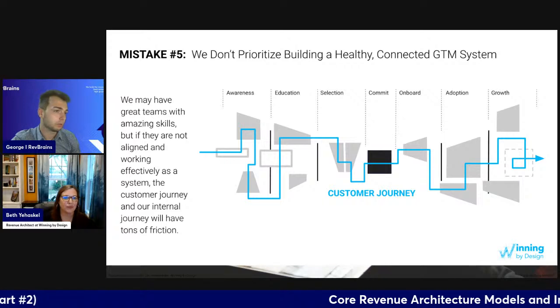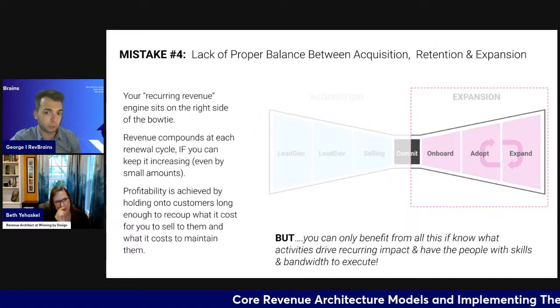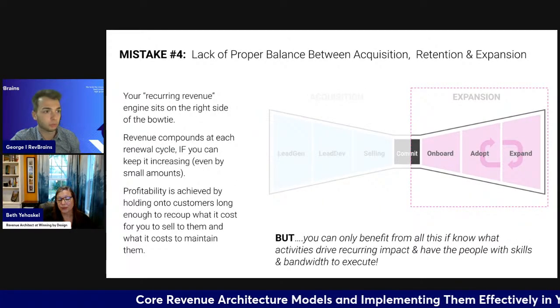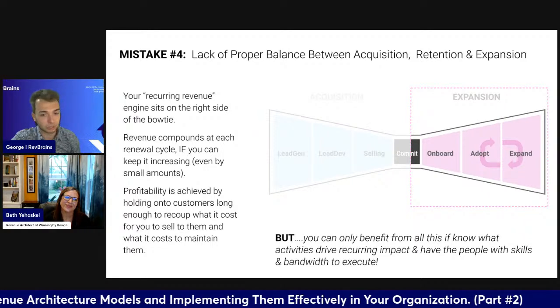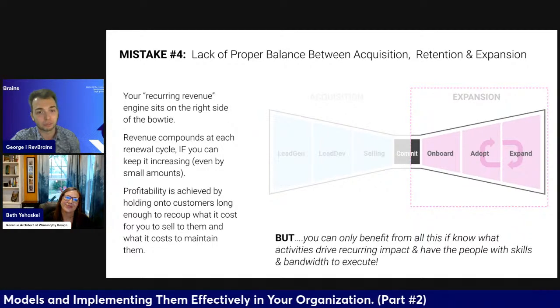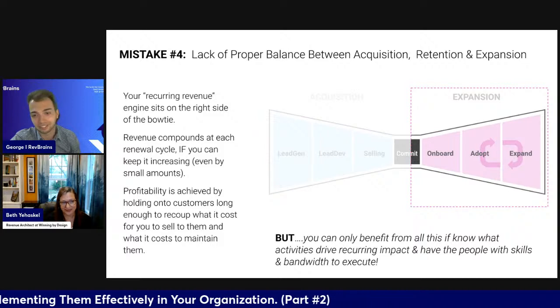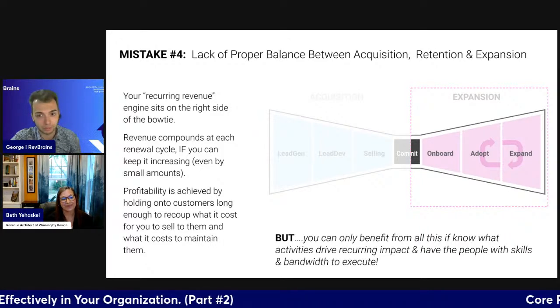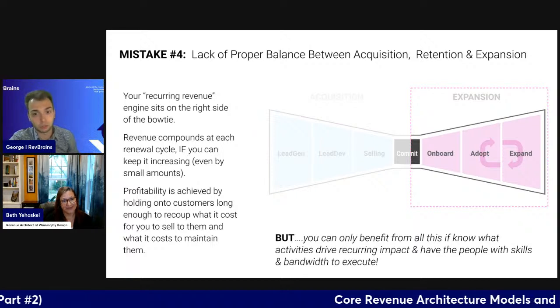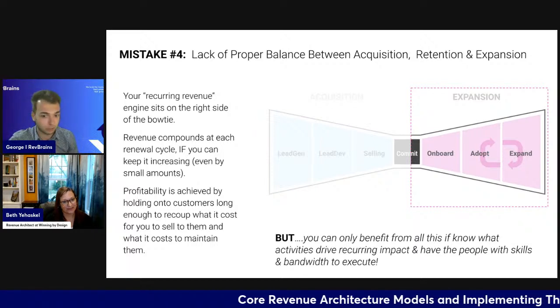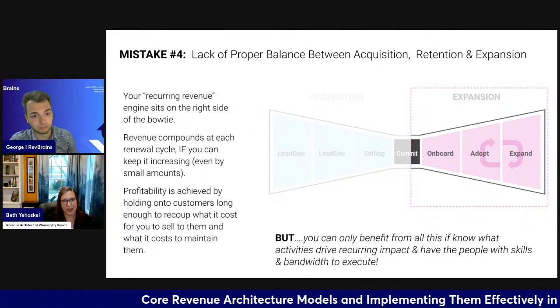Right, and for sure, acquisition is super important. You cannot do without acquisition, of course. But once again, the win rate cannot go above 100%, right? Exactly. Whereas in the expansion phase of the business and retention, if you manage to ensure the recurring impact is there, you can achieve much more. Yep, absolutely.